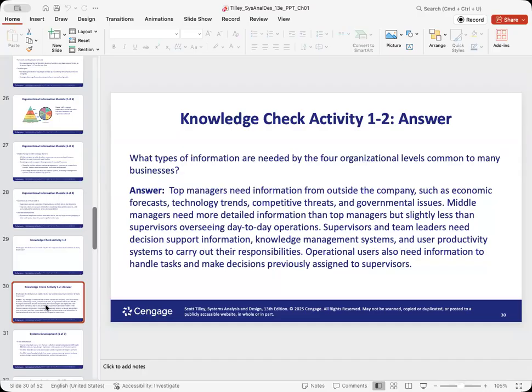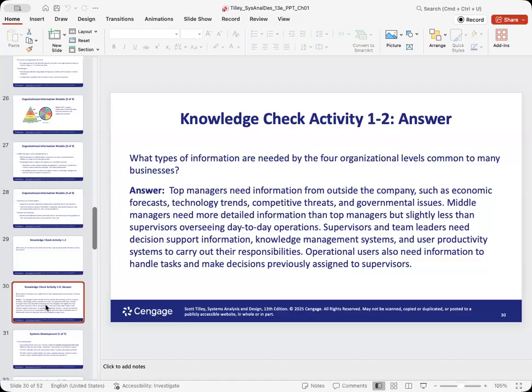And then for the IT, what information do they need? They need technological information.